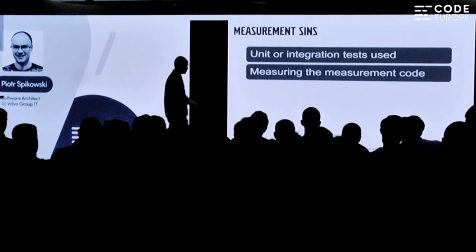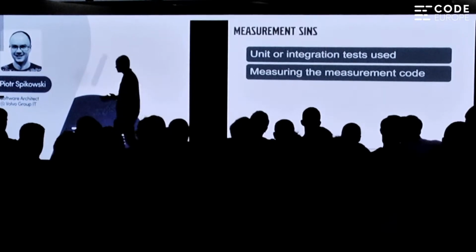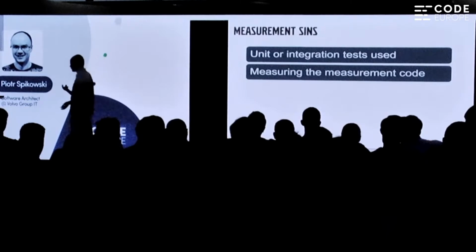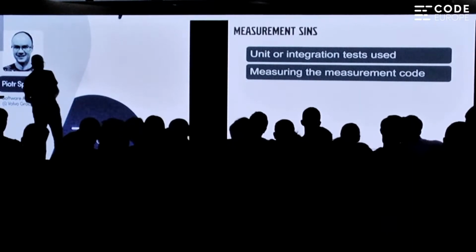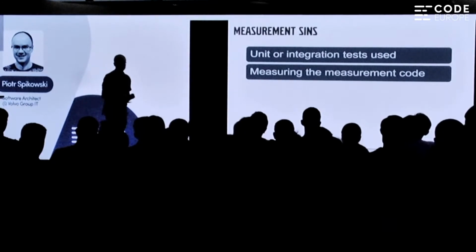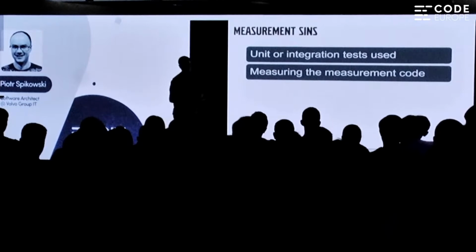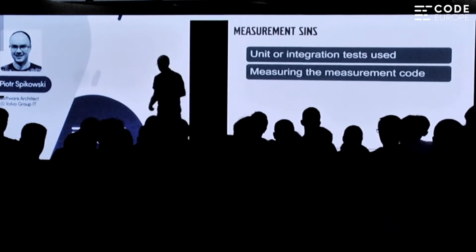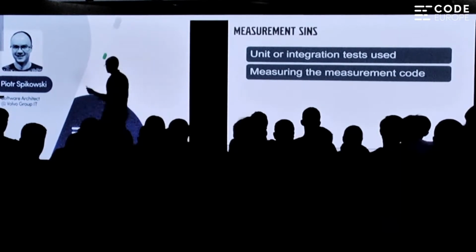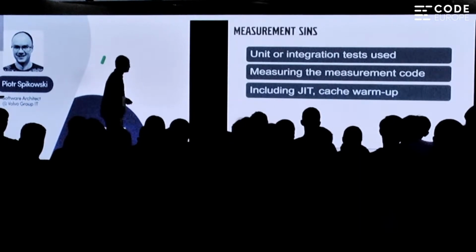We as devs often try to measure the application on our own, adding some counters, adding some timers, etc. The common mistake is that we are by ourselves. The measuring code is measuring itself.